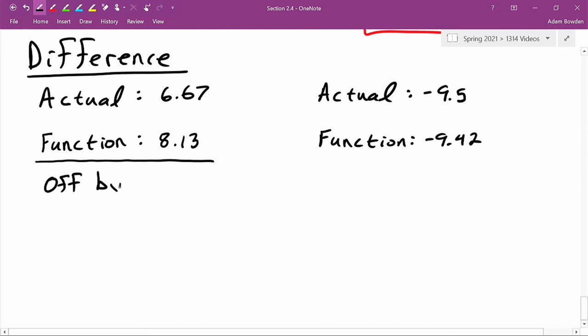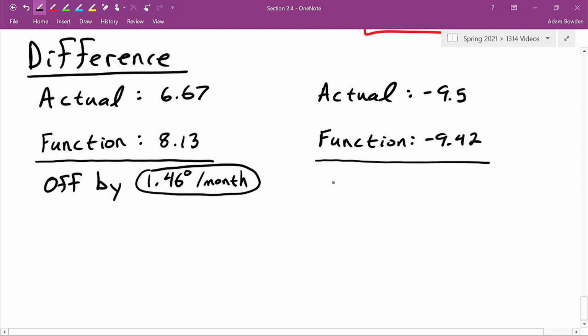So that one would be off by 1.46 degrees per month. In the case of the other one, which was September to November, the actual was negative 9.5, and with our function, we came out with negative 9.42. So that one's not off by quite as much. That one's only off by 0.08 degrees per month.